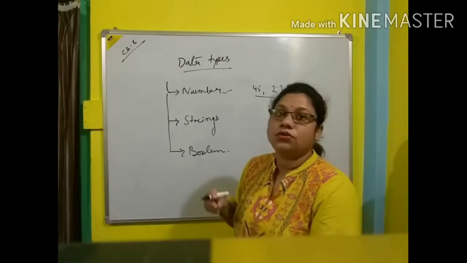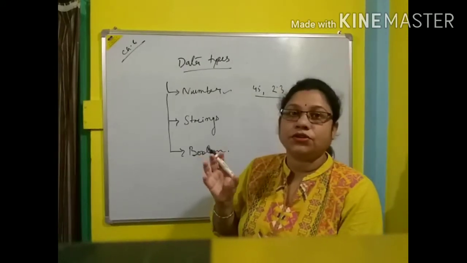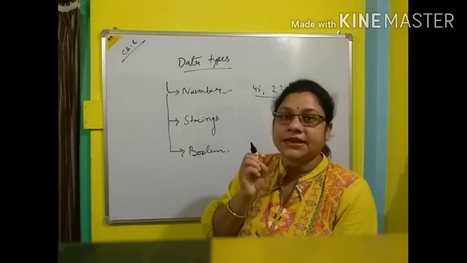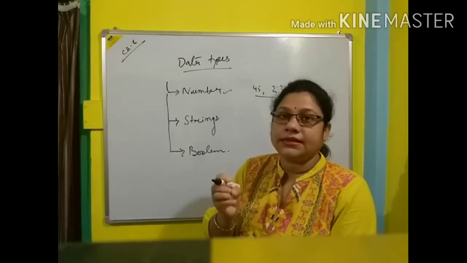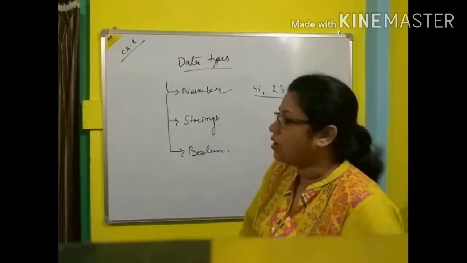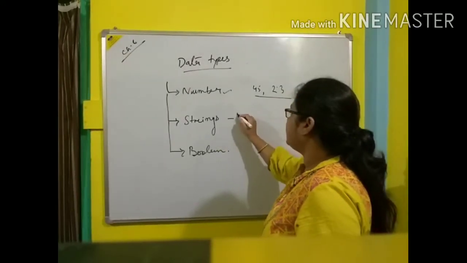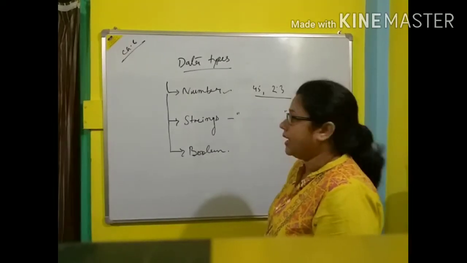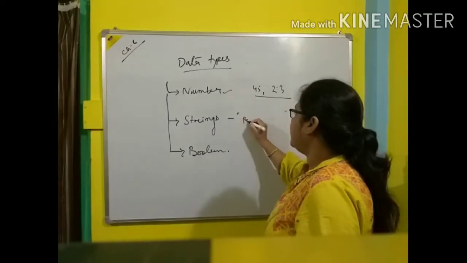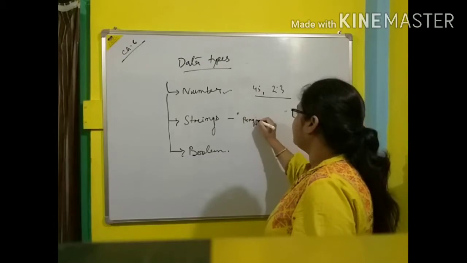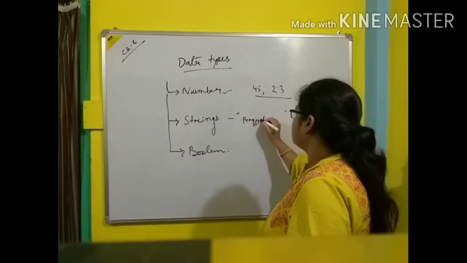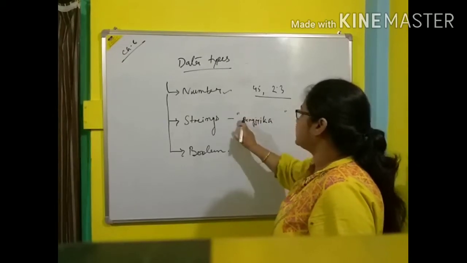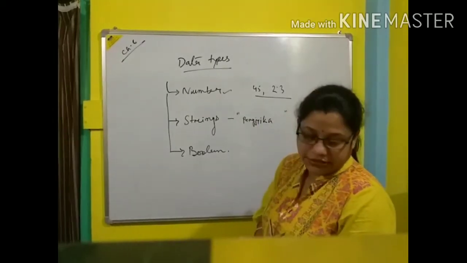When you group some individual characters together, that is known as a string. All of you remember that strings are put within double quotation marks. Our school name, Pragjyotika, is a string. So you can put the string within double quotation marks.